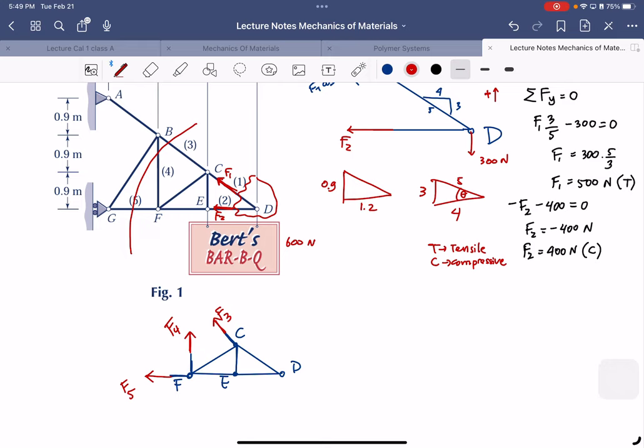Because we want to know this FG, the force in here, if we cut only the joint, we are not going to solve anything, right? Because we lack information. We need more information from all the aspects, because later we want to use this length here for our couple moments. Okay. So let me just explain first, and then we can review.